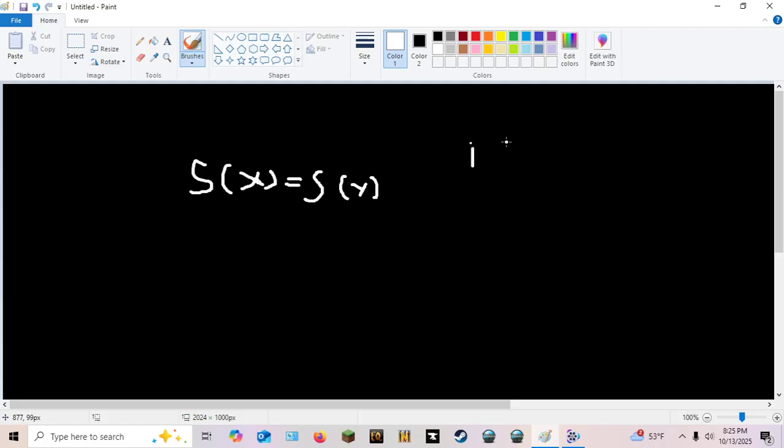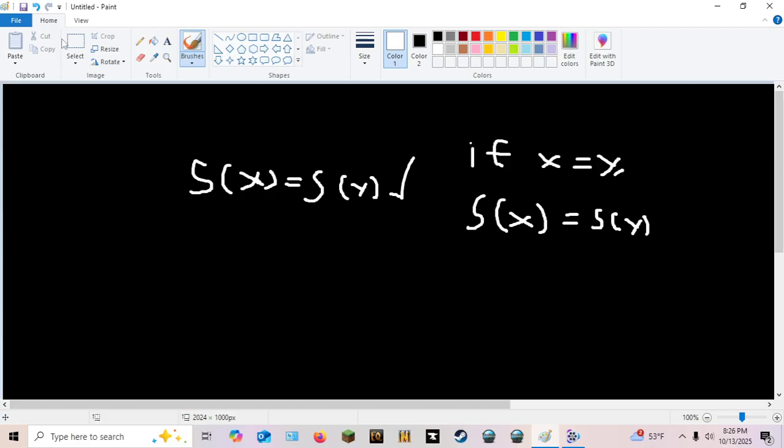So if x is equal to y, that means the succession of x equals the succession of y. So it actually equals that.